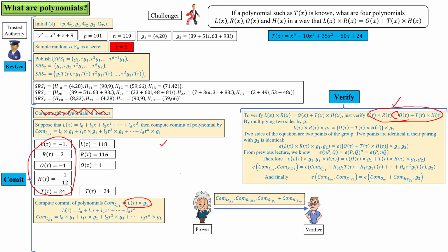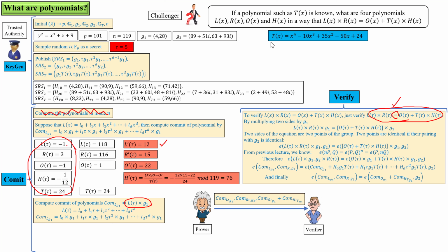at point tau. So now we want to assume that the trusted authority knows the value of tau and generates some fake values for the evaluation of the polynomials, right? So if the prover knows the value of tau, then the prover could compute T of tau using this formula, right?